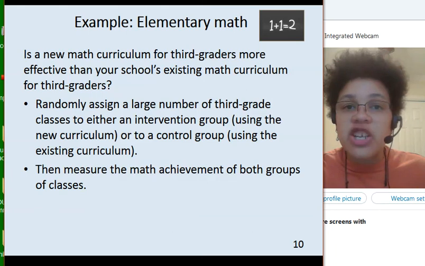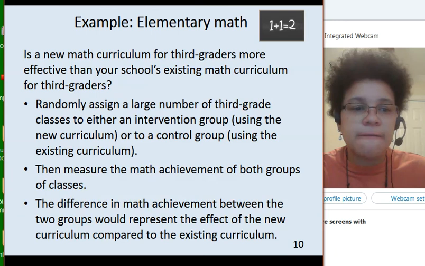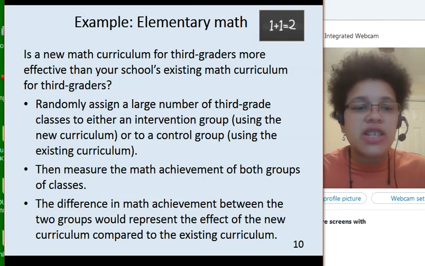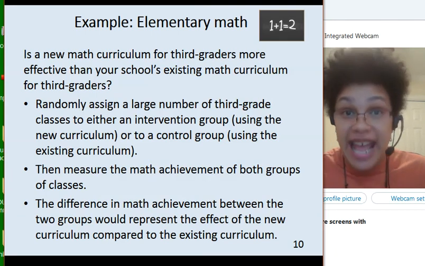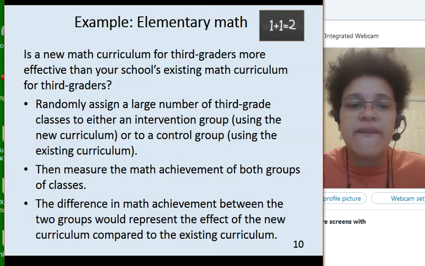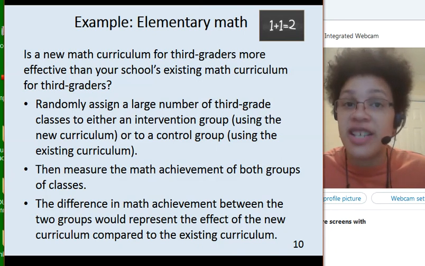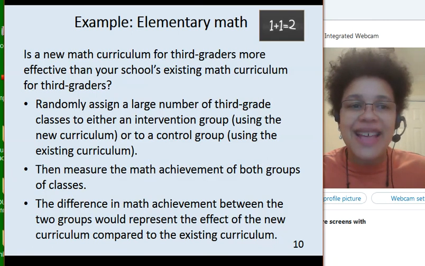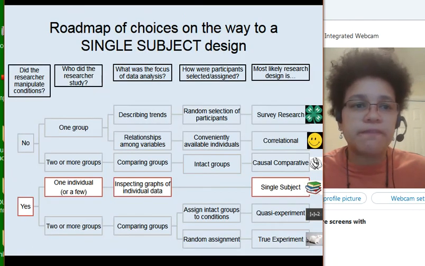Then you measure the achievement of both groups of classes, right? These are intact groups. Our groups are the classes. The difference in average math achievement between the two groups would represent the effect of the new curriculum compared to the existing curriculum. Okay, so this math example is our example of a quasi-experiment.